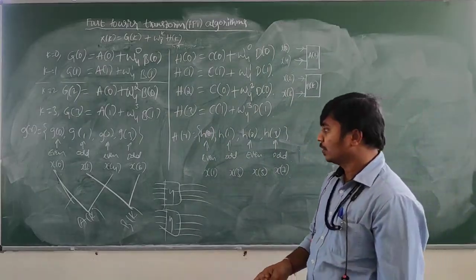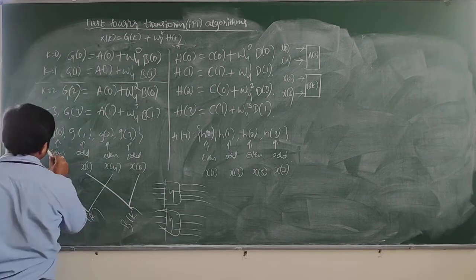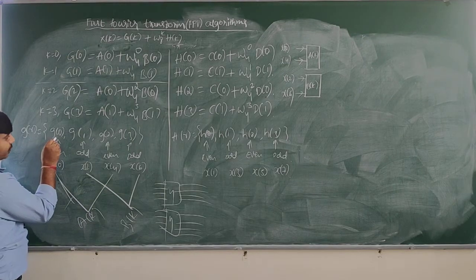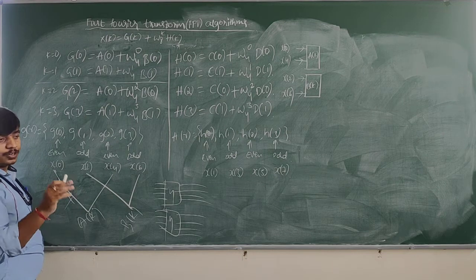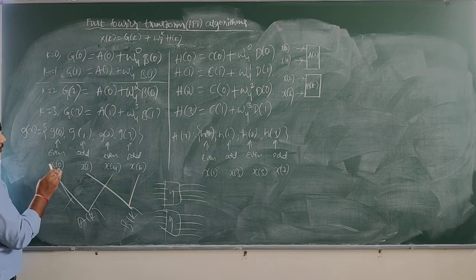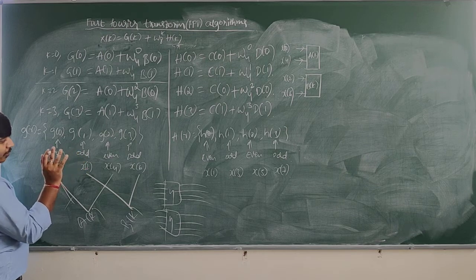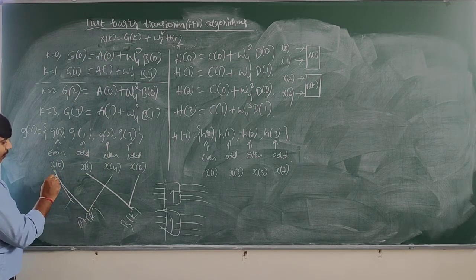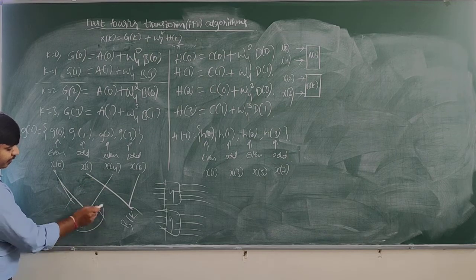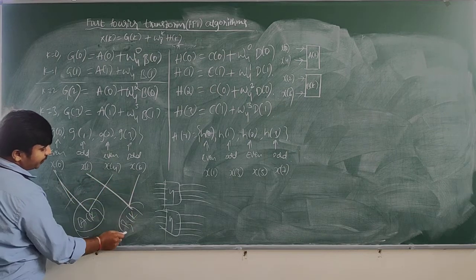Okay, understood? Look here, I have a sequence g of r, that is from g of 0 to g of 3. I have split this 4-point DFT into two 2-point DFTs. So I have split even and odd terms in this sequence. The even part represents A of k and the odd part represents B of k.